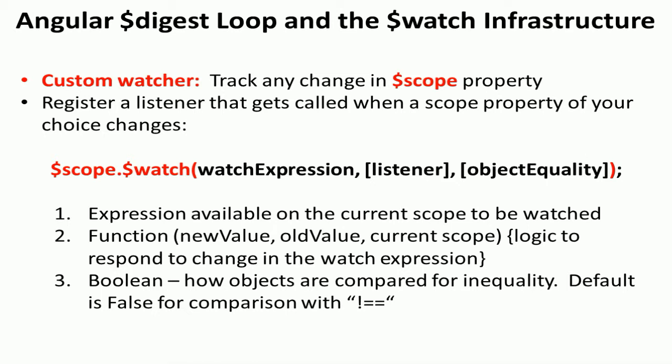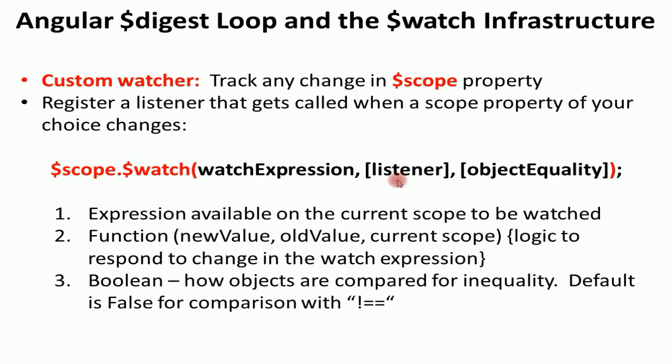The watch function exposed by the scope object allows us to register a listener that gets called when the scope property changes. The watch method definition looks like this. Parameter 1 is the watched expression. This expression is evaluated in the context of the current scope. If the watch expression value changes, the listener function is invoked.